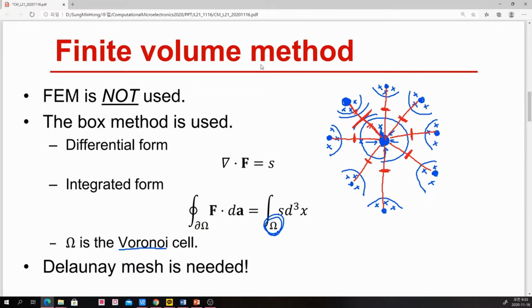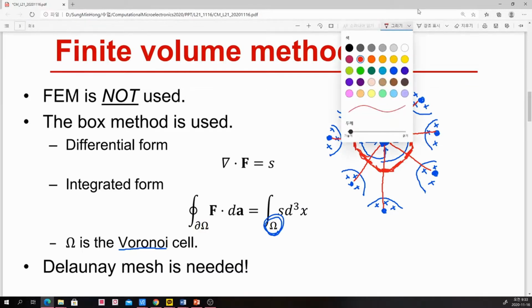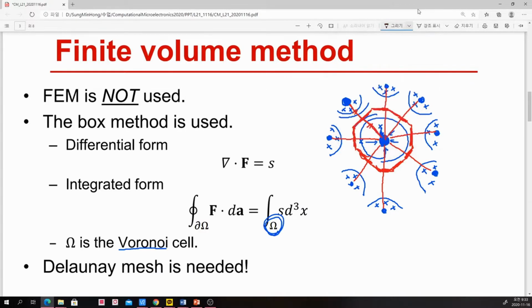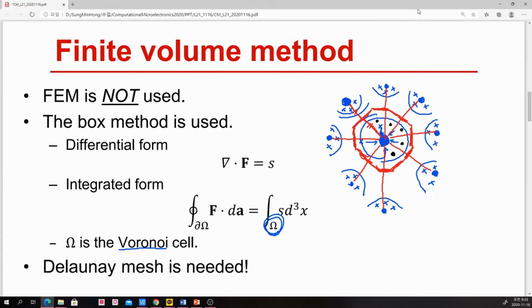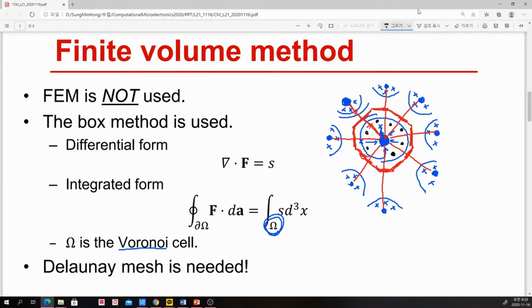Then, of course, by doing this action, we will have a certain polygon. Within this new volume or new polygon, it is certain that the closest blue point is the center one.